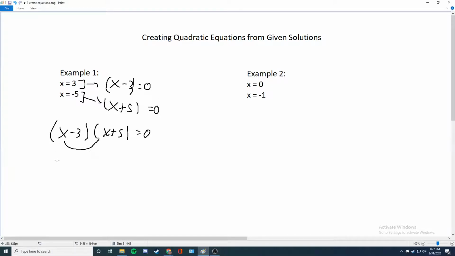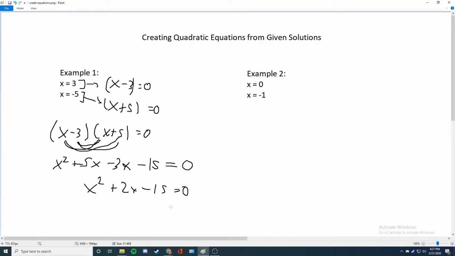So we'll multiply the firsts, get x squared, the outers plus 5x, the inners minus 3x, and then the lasts minus 15, and that's equal to 0. So if we combine like terms, this ends up getting us x squared plus 2x minus 15 equals 0. And this is the original quadratic that those solutions came from.